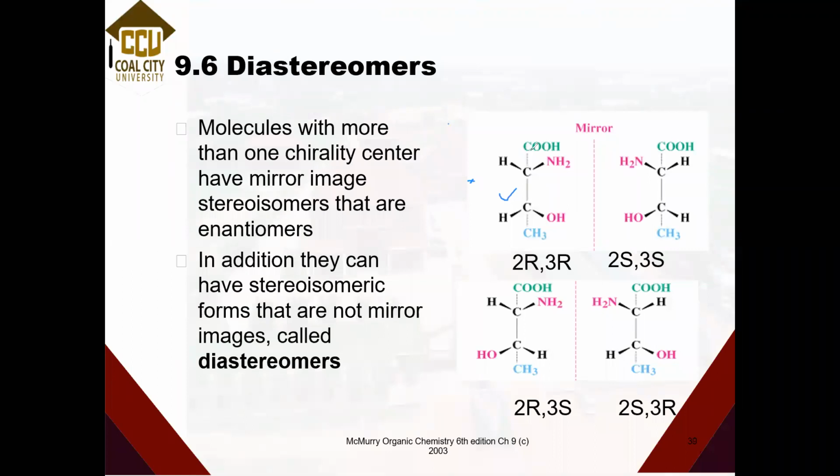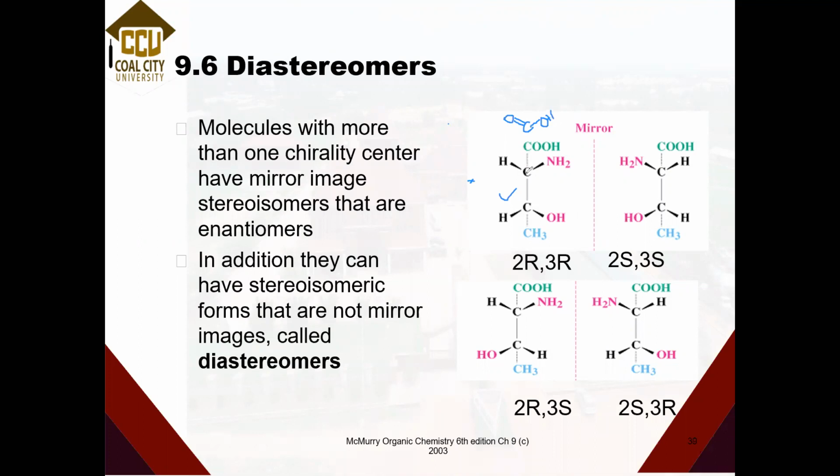How do I know? Look at this carbon here. This one is not a chiral center because it has a double bond. This is a carboxylic functional group. Another way to write this is C double bond O single bond OH. So once it has a double bond, we know it cannot be a chiral center. So this is not a chiral center.